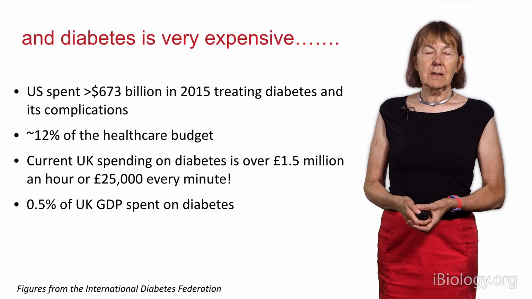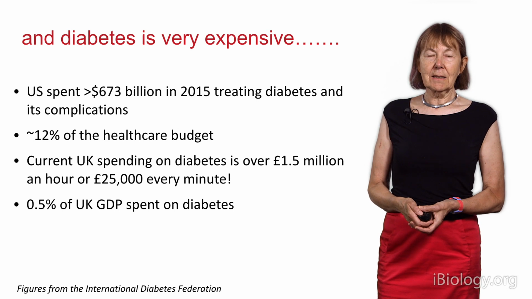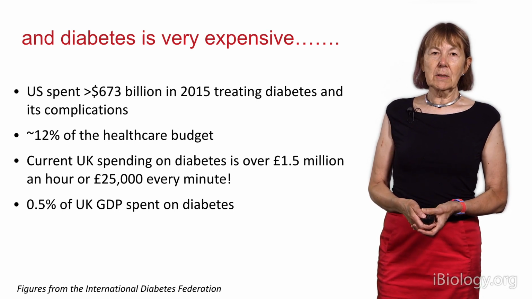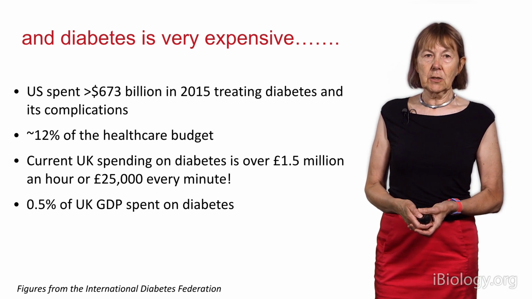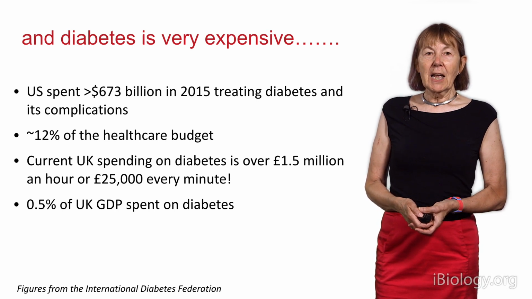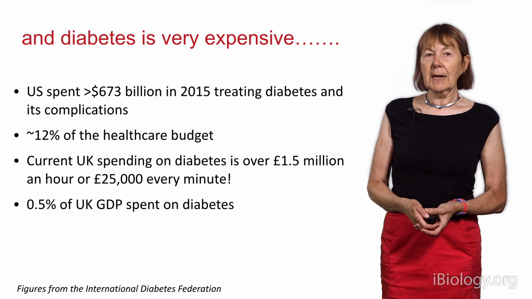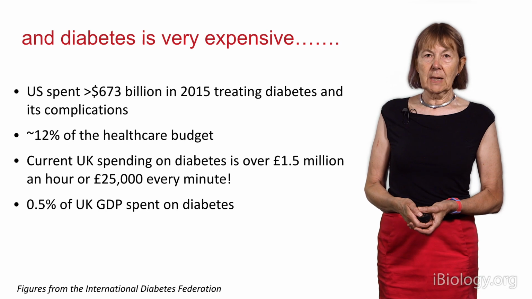Diabetes imposes a severe economic burden upon both the individual and the state. In 2015, the USA spent an astronomical $673 billion treating diabetes and its complications. That's 12% of the national healthcare budget. In the UK, we currently spend over £1.5 million an hour on diabetes, or £25,000 every minute.